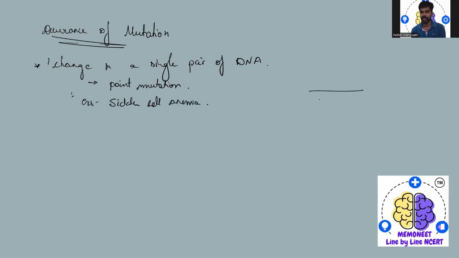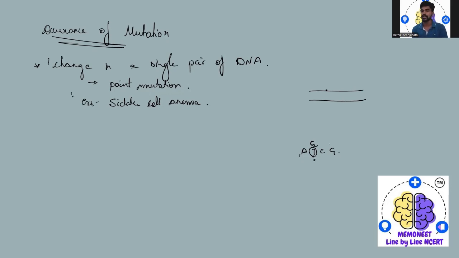In a DNA, what happens if a single pair has been changed, out of your A, T, C, G? If in a pattern of DNA, instead of T, a G or a C has been placed, that could also lead to a mutation.